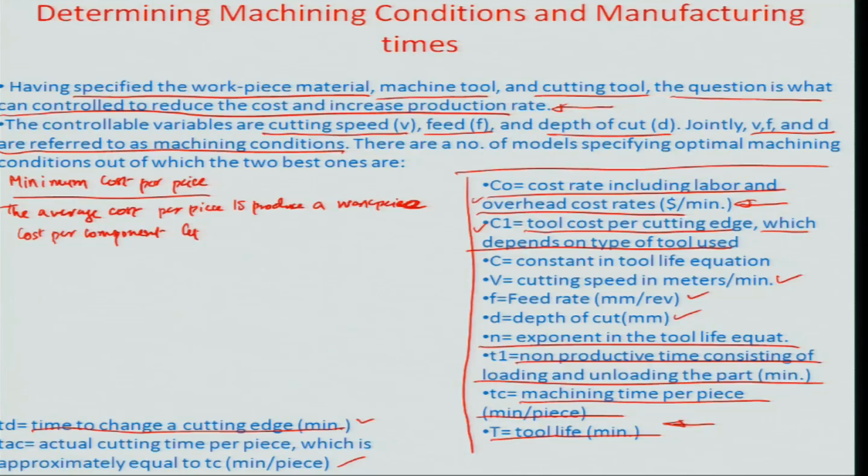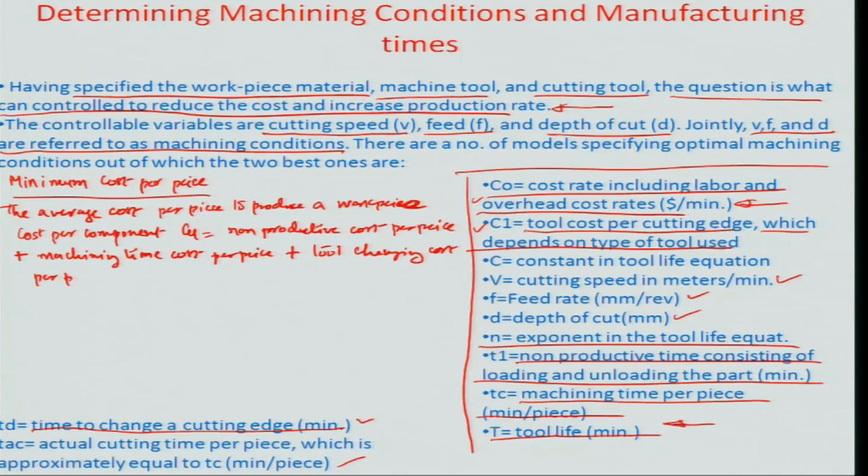It will be broken down into the non-productive cost per piece, plus the machining time cost per piece, which we can also call the productive time, plus again the tool changing cost per piece, plus the tooling as such, so the tooling cost per piece.